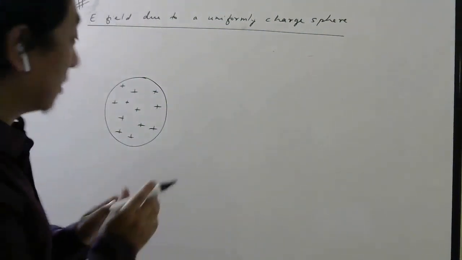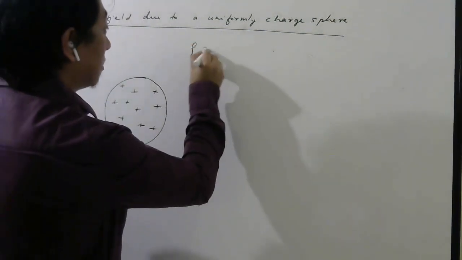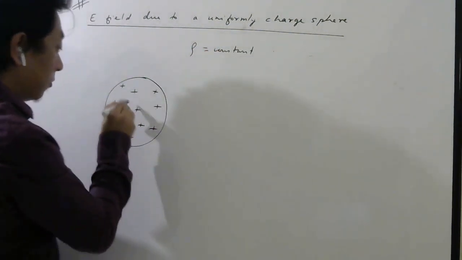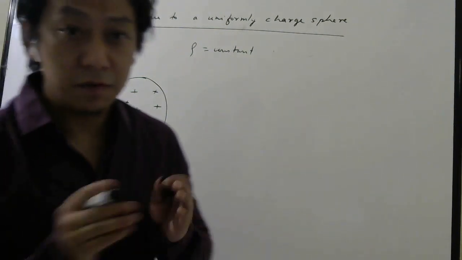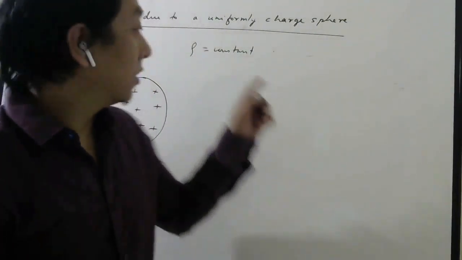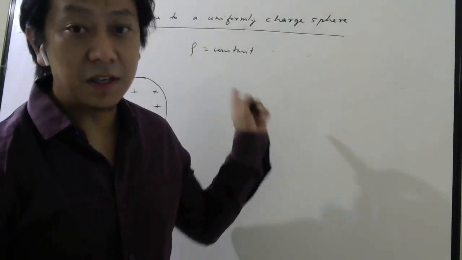Last class also I discussed that your rho, which is charge per unit volume, is constant. So every unit volume will have same charge. That is the meaning of density is constant. Volume charge density is constant.